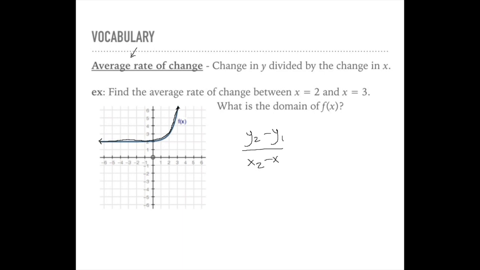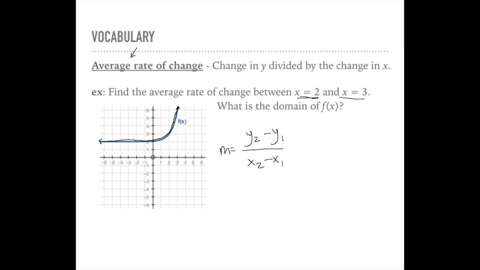The slope formula, if you remember from way back in the younger days, is the second y minus the first y divided by the second x minus the first x. In this example, if I want to go between the x values 2 and 3, for my graph it's easy.